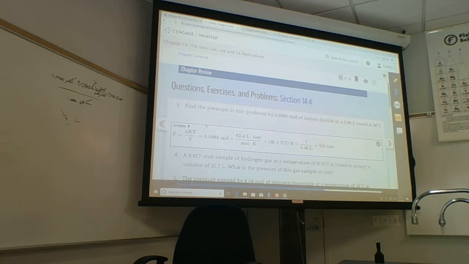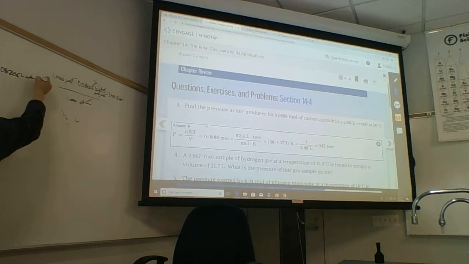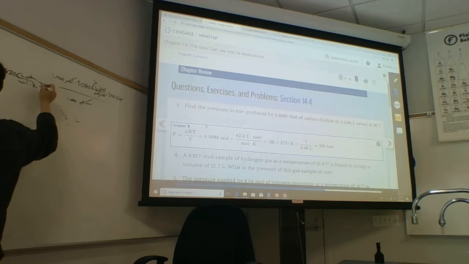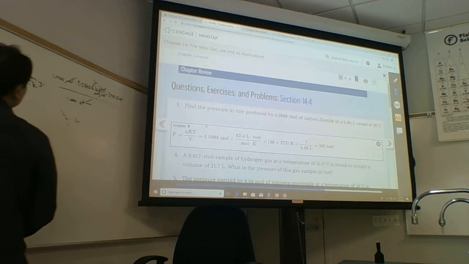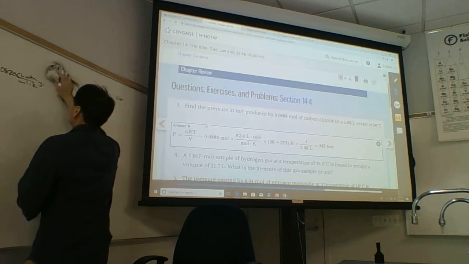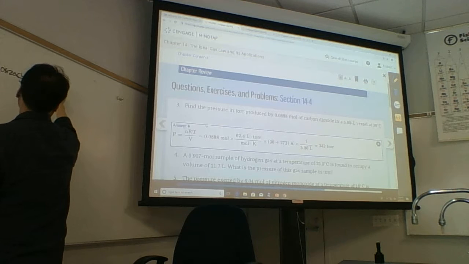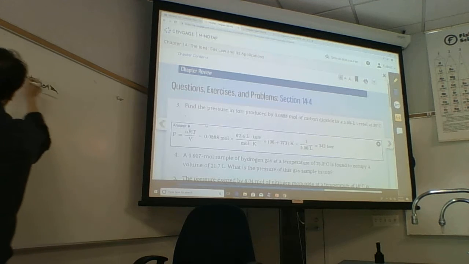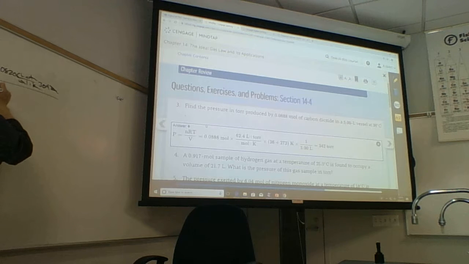So I would have done this problem differently. n is 0.0888 moles, R is 0.08206 liters atmosphere per mole Kelvin, T is 309 Kelvin. So Kelvin cancel, moles cancel, and V is 5.00 liters, so liters cancel. This is going to give me the answer in atmospheres.